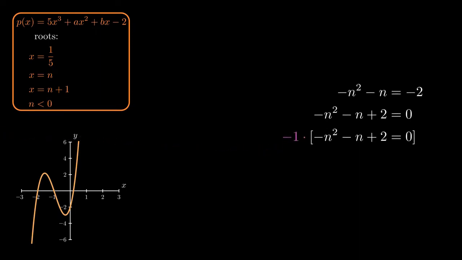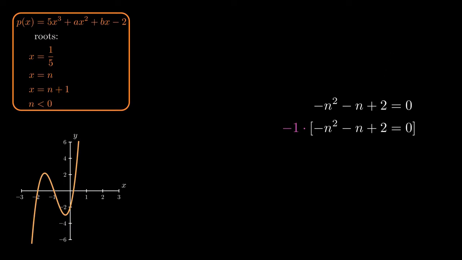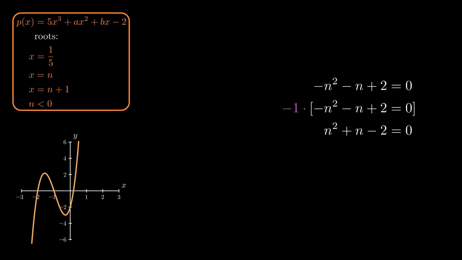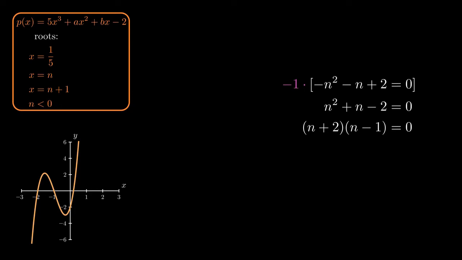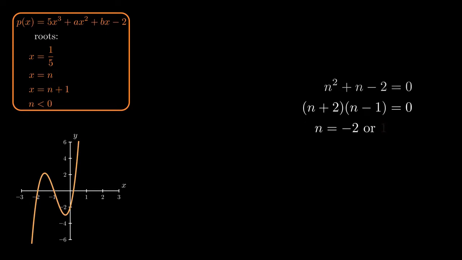There's 0 on the right, so 0 is not going to change. Okay, this is a nice little quadratic. We can solve it by factorizing. And we see that n is -2 or 1. Now go and look at our orange box there in the upper left and remember that n is less than 0. So we can throw out the 1. So n is -2.